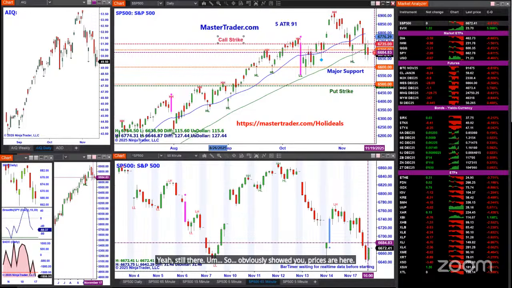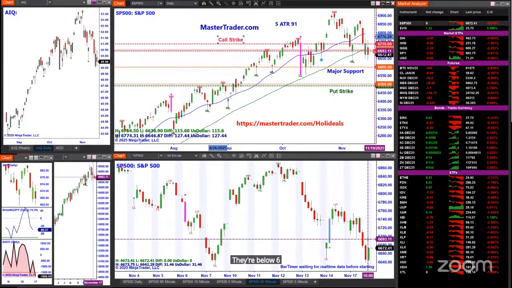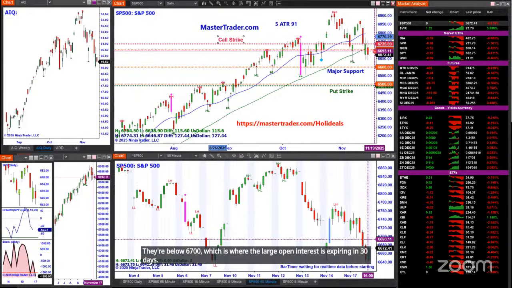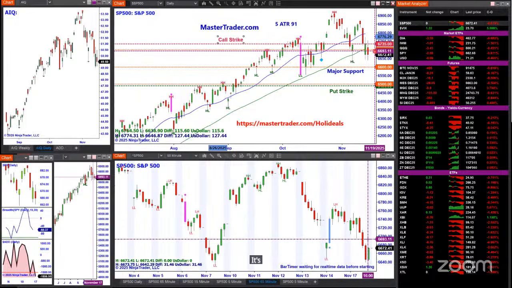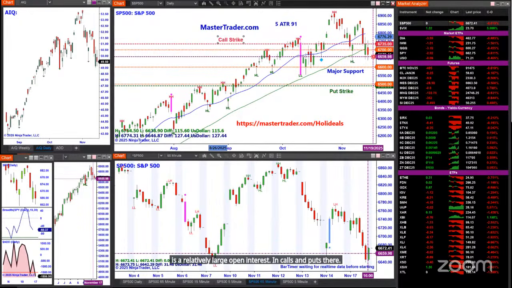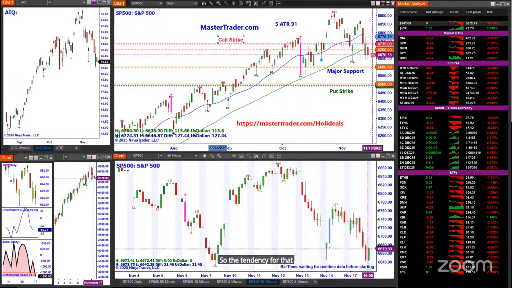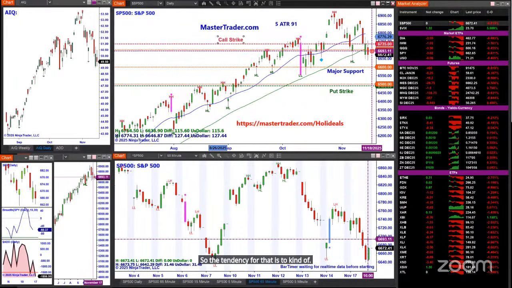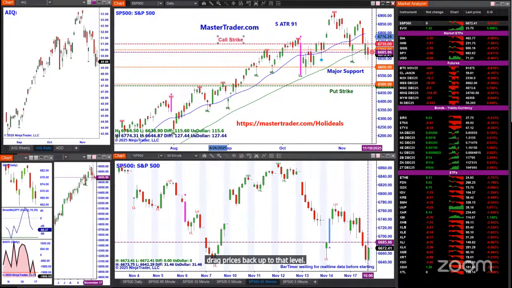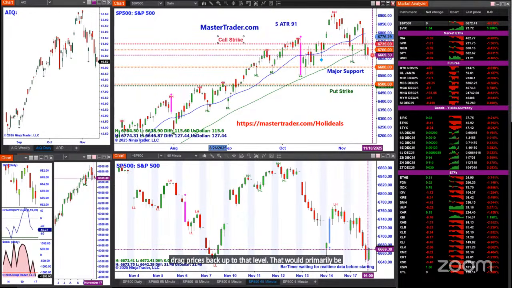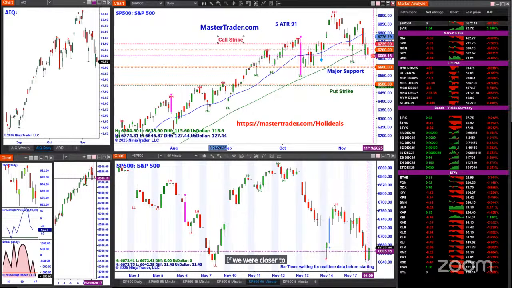They're below 6,700, which is where the large open interest is expiring in 30 days. It is a relatively large open interest in calls and puts there. So the tendency for that is to kind of drag prices back up to that level. That would primarily be the case if we were closer to that expiration, which we're not. That's 30 days away.